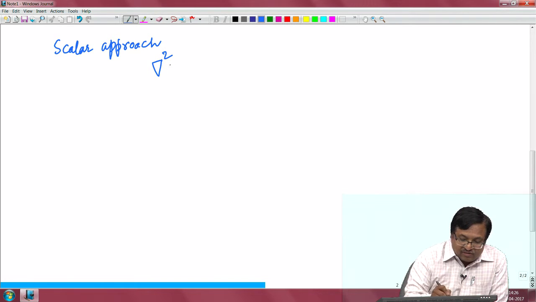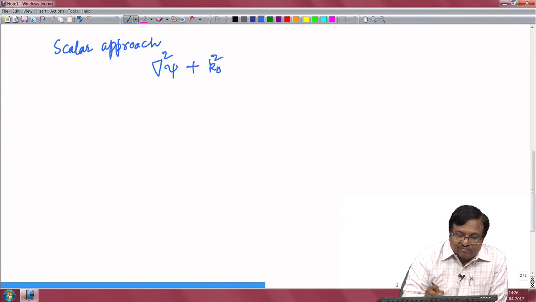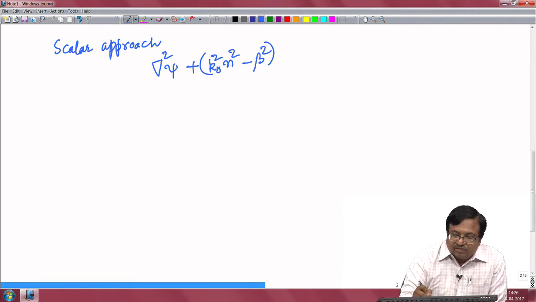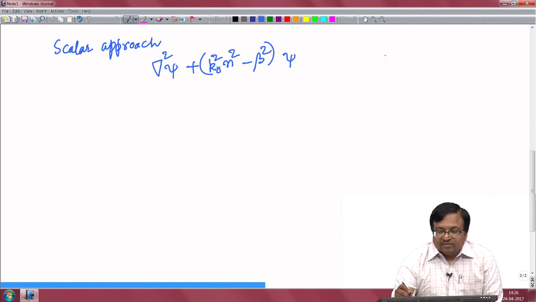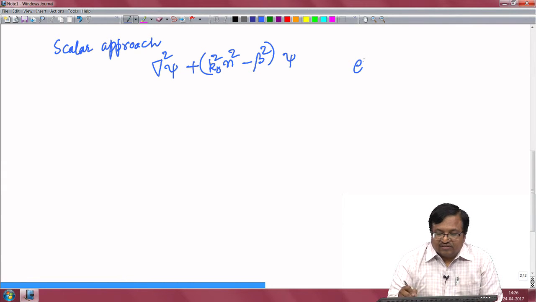This is a scalar equation, a reduced scalar equation. We have reduced it by assuming the time and propagation direction variation factor as e to the power i(omega t minus beta z).